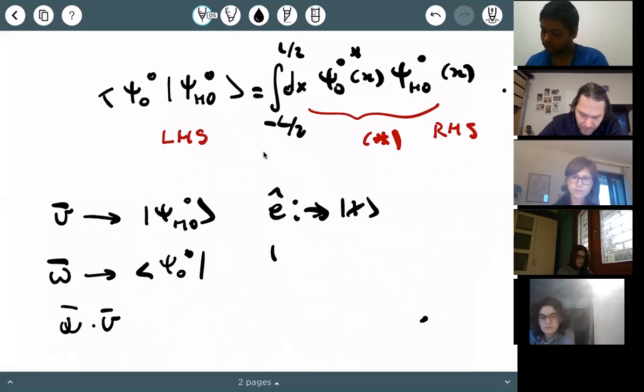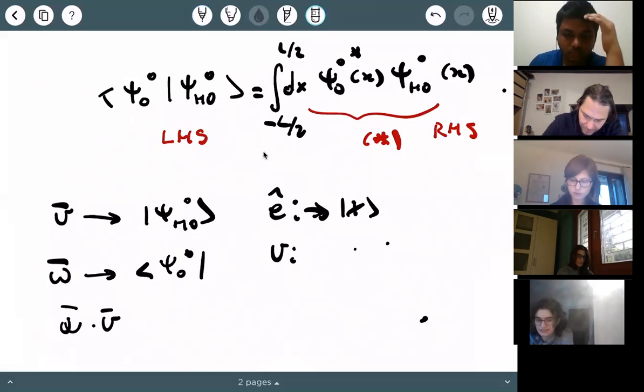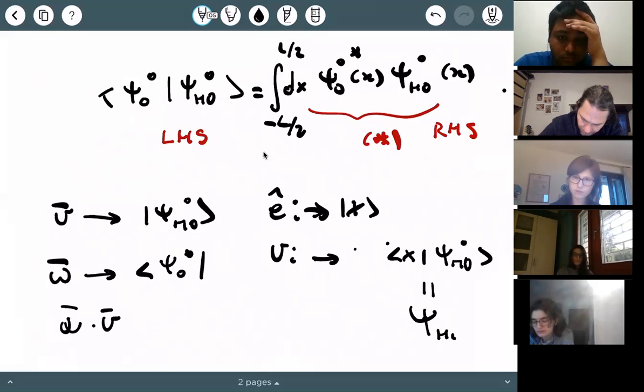So the components Vi are actually the wave function, and the components Wi are the complex conjugate of the wave function.